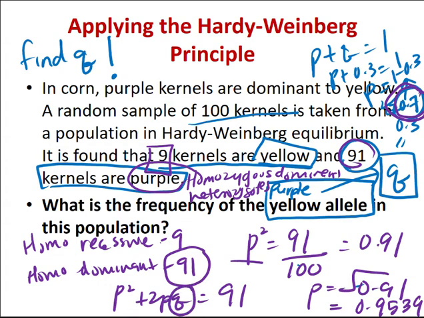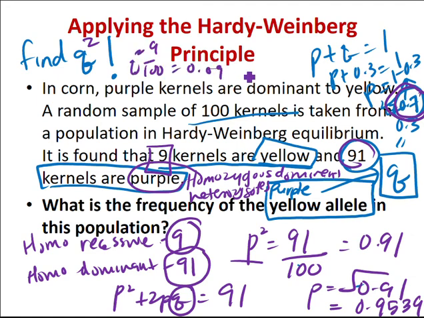So an easy way would be to find Q squared first. Always find Q squared first. Sometimes the question already gives you Q directly, then you can directly find P or P squared. But sometimes the question will start with Q squared, like this question for example, then you have to find Q squared, which is 9 over 100, which is 0.09.